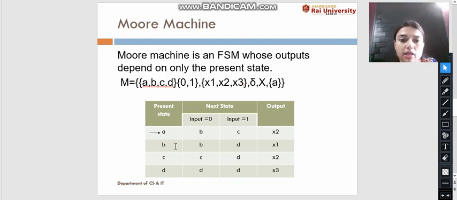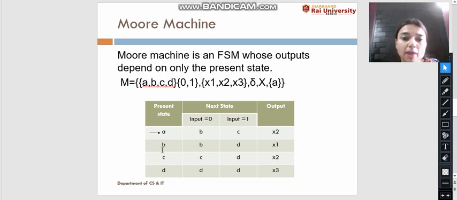So let's see. Initially we are in the present state A, and in A if you give input 0 you reach state B and on giving input 1 you reach state C, and the output associated with this present state A is x2.